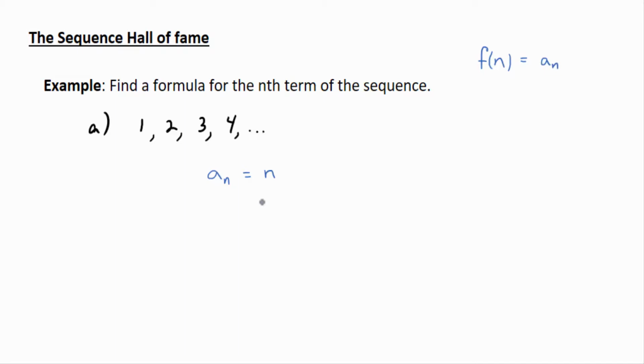The subscript is what you plug in, and the right side is what comes out. So it's analogous to saying f of x equals x, except you're only allowed to plug in natural numbers into this formula. Okay, so that's the first one in the Hall of Fame.